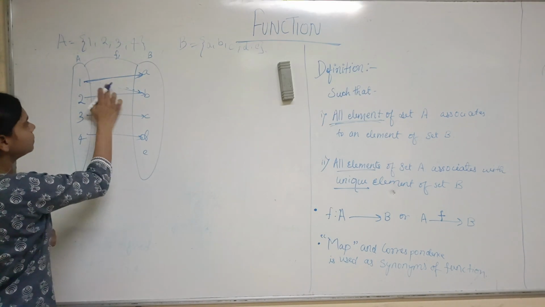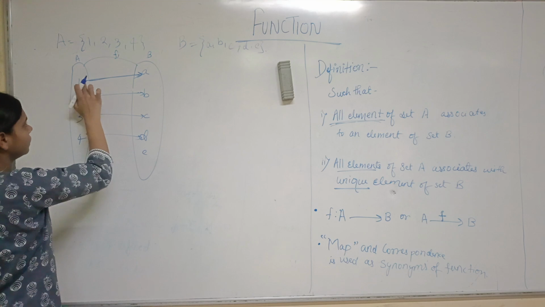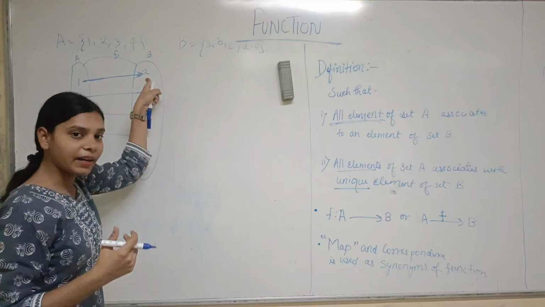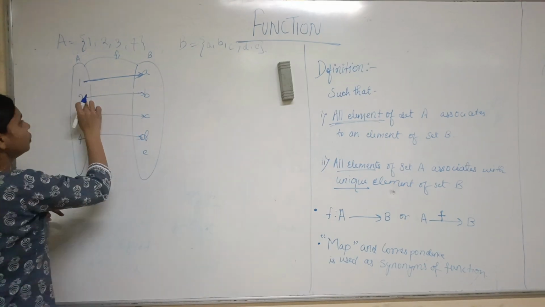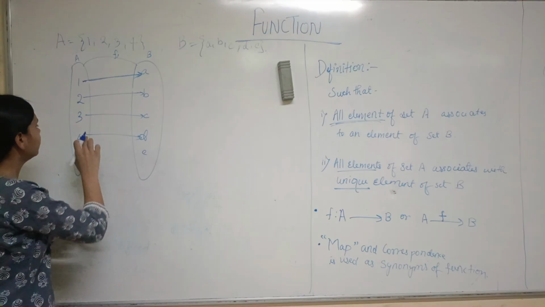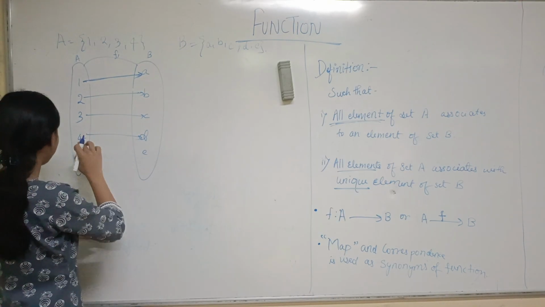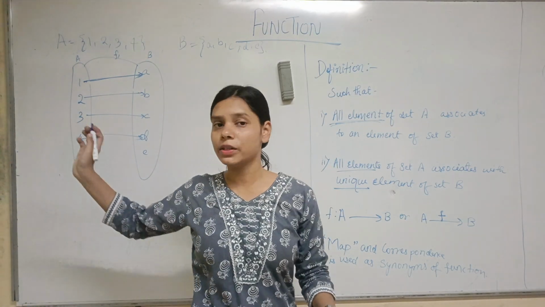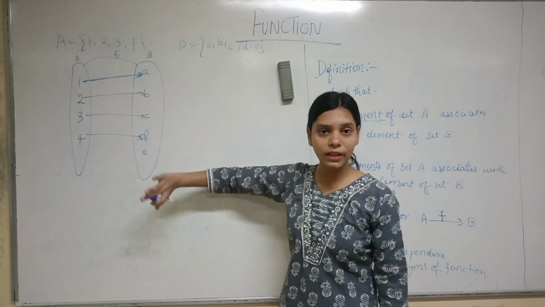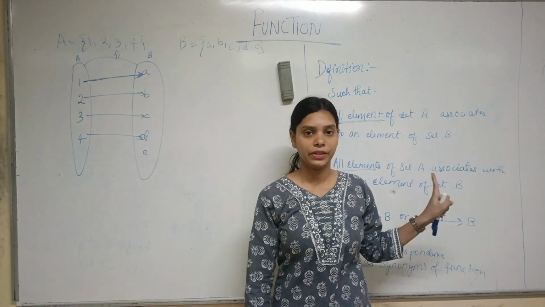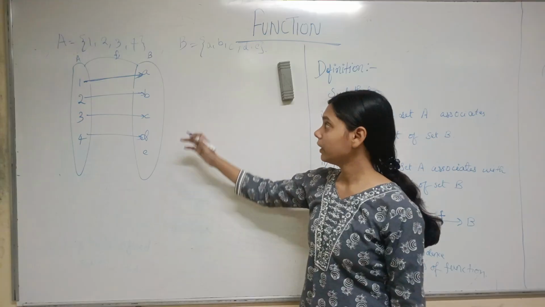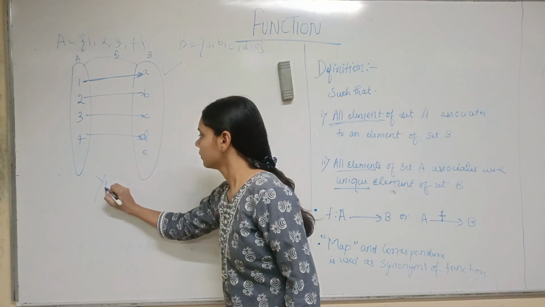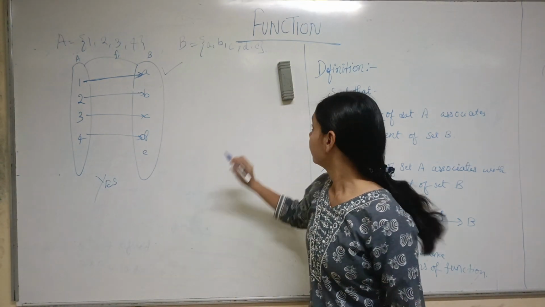Now 1 has only one association, with the element A in set B. 2 associates with B, it's also unique. 3 associates with C, also unique. And 4 associates with D, also unique. So F1 satisfies all the necessary conditions of the given definition. So we can say that F1 is a function. Yes, this is a function, right?